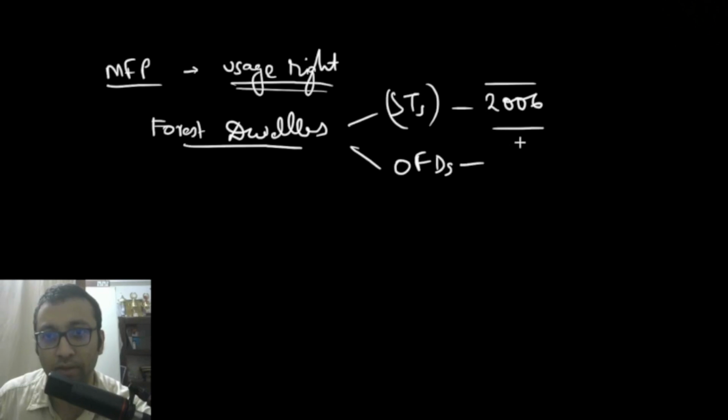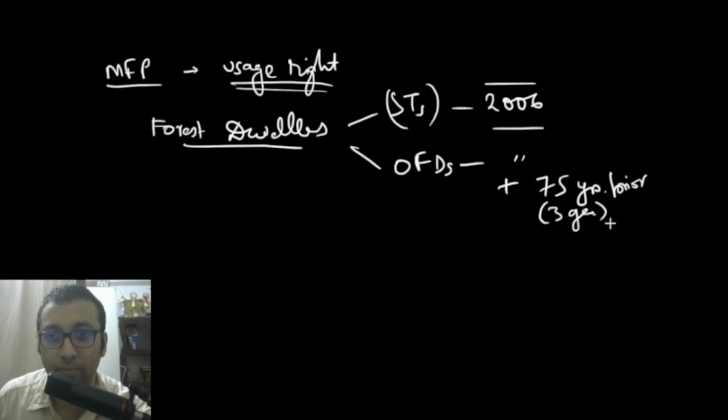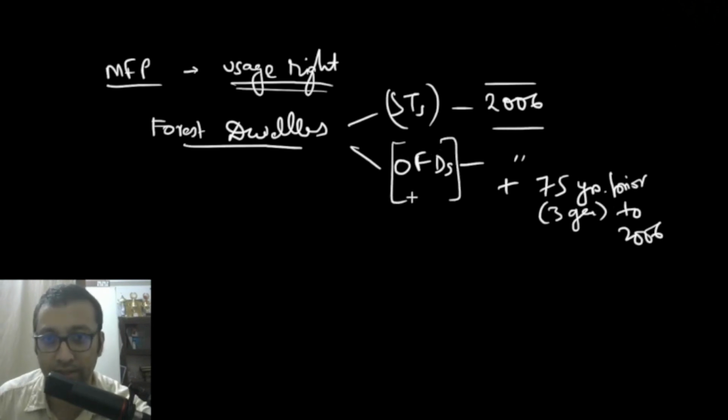And for OFDs, it is this condition, plus they must be living 75 years, or 3 generations, prior to 2006, plus they must be living continuously since 2006. If that is so, they might be any caste, general caste, SCs or OBCs, they will be qualified as forest dwellers, and they will get the MFP usage rights.